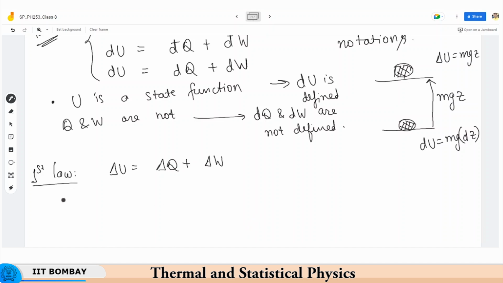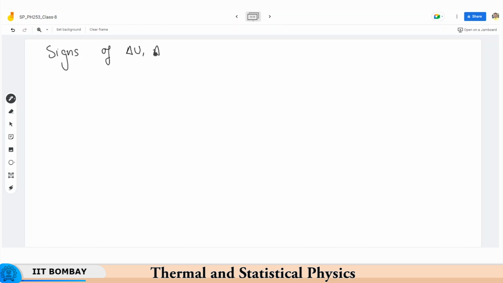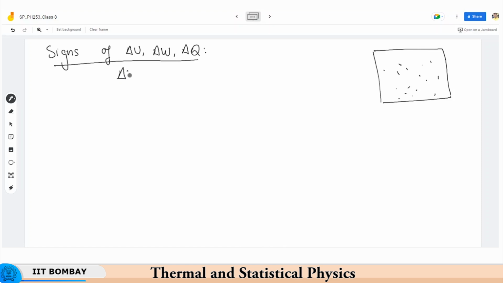Maybe I can go to the next page. Signs of delta U, delta W, delta Q. So every time we have a system, if its internal energy increases, delta U is positive.